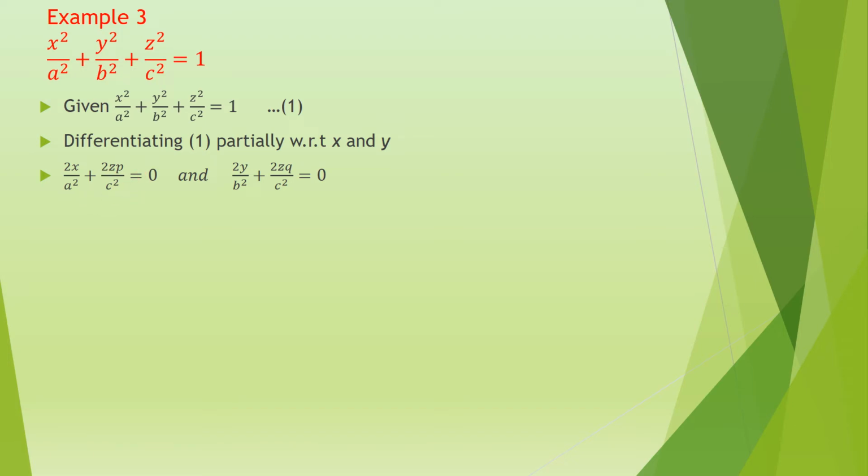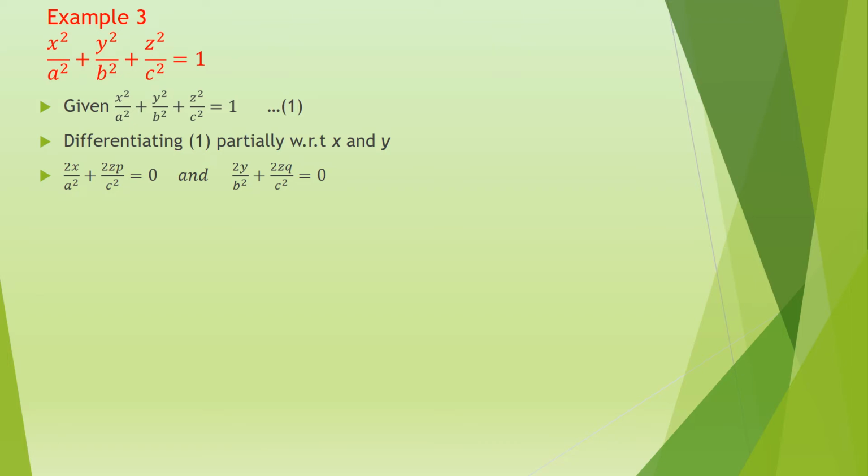Now if you differentiate partially with respect to y, what we get? Derivative of x square by a square will be 0, since we are differentiating partially with respect to y. Derivative of y square by b square will be 1 by b square into 2y, plus derivative of z square by c square will be 1 by c square into 2z into dou z by dou y, which is q.